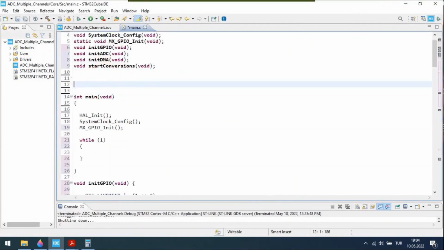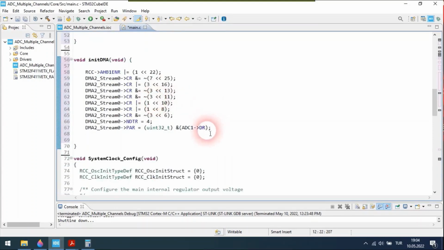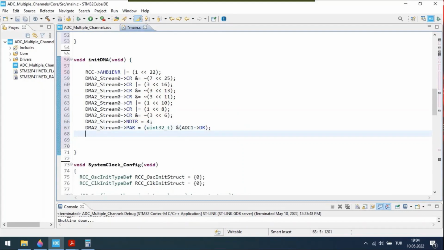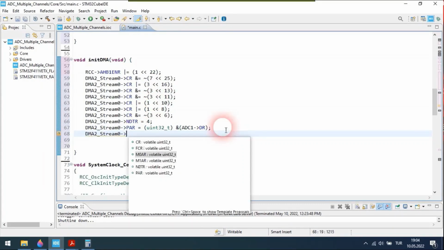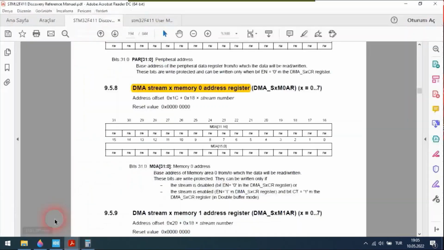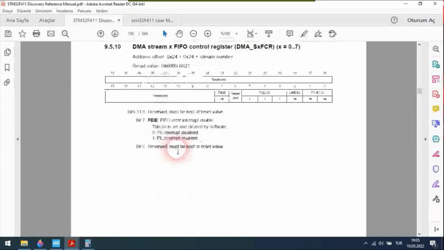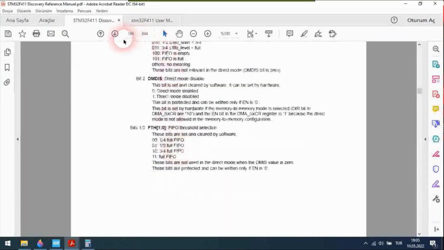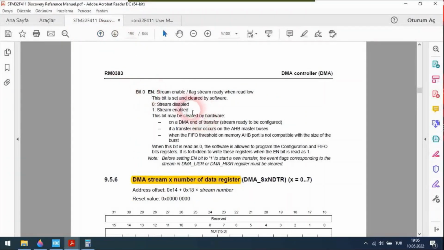Let's create an array for storing values. Final step is to enable stream.